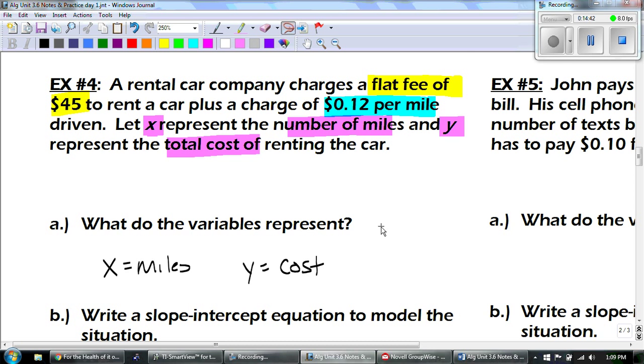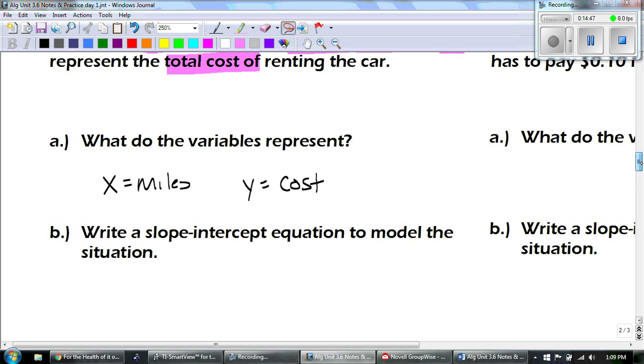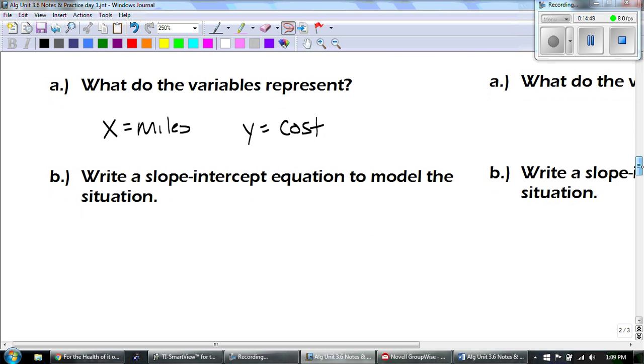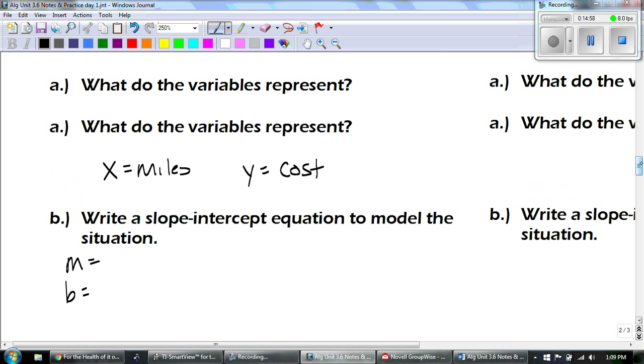So those are what the variables represent. And now it's asking for slope intercept. So they told us both of those. We need to know the slope and the y-intercept.